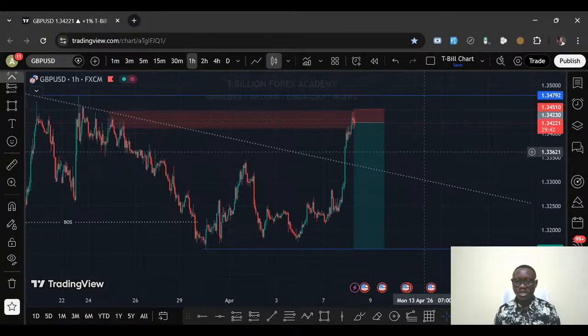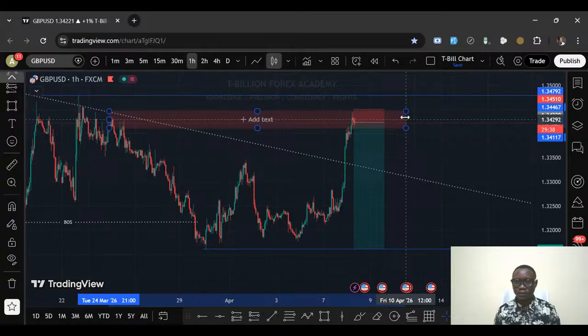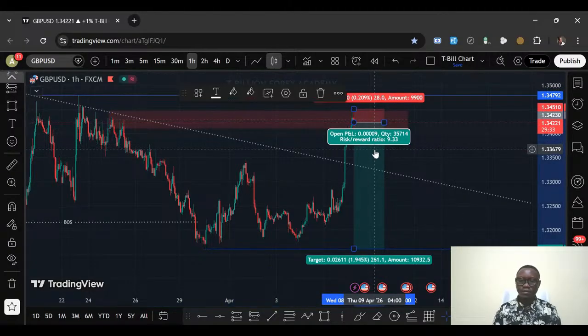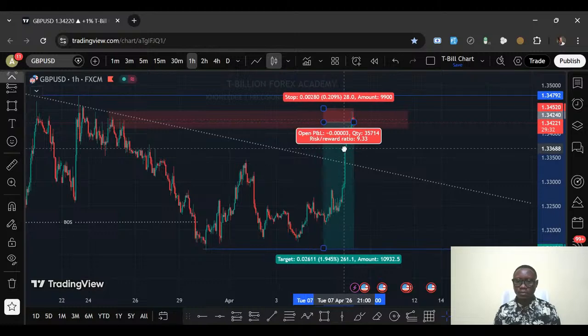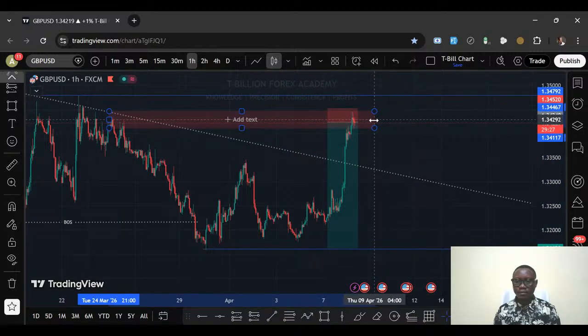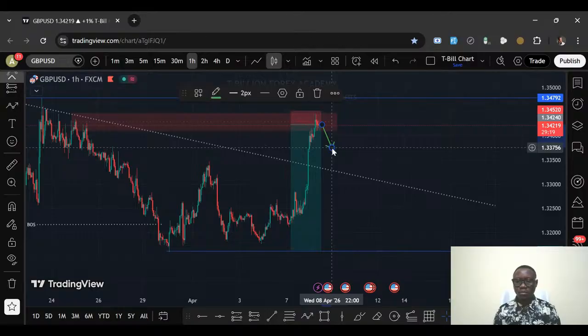So this is what I'm expecting. I'm basically expecting price to do this. So I'm expecting this at this zone.